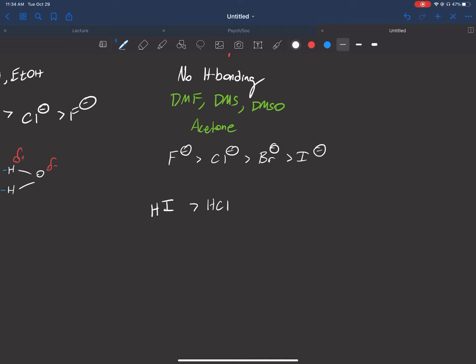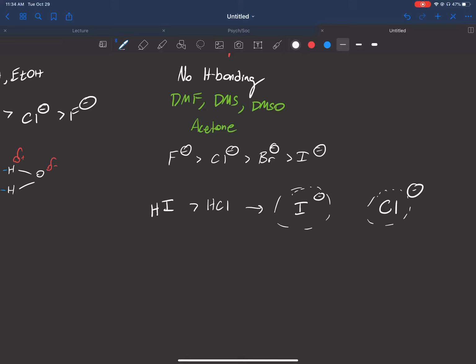HI is a stronger acid than HCl because if you look at the conjugate base, I with a minus charge would be larger and can spread out the electrons more than Cl minus, right? Because we have here iodine, negative charge, electrons spread out everywhere, versus chlorine, negative charge, spread out but just not as much.